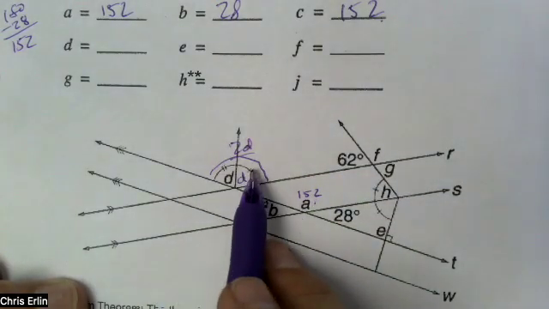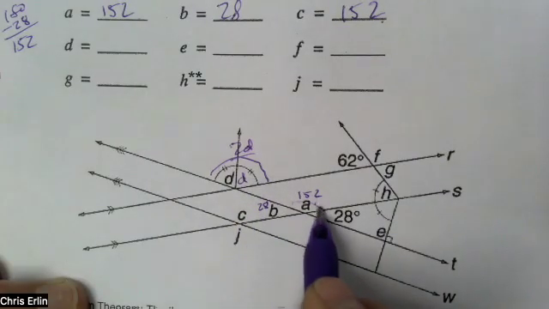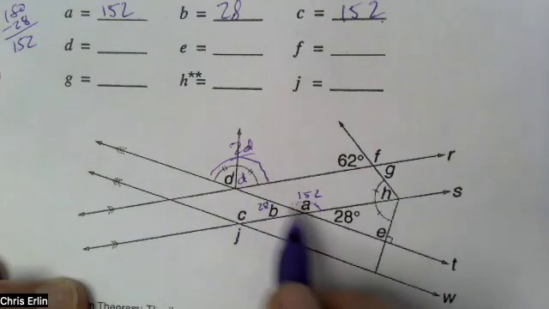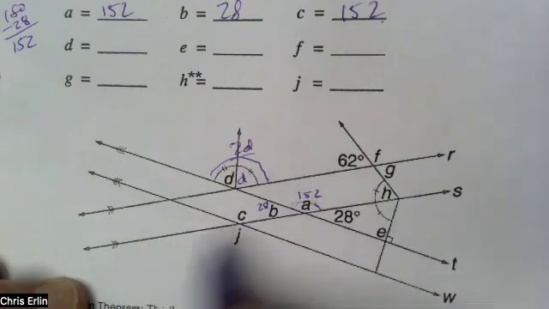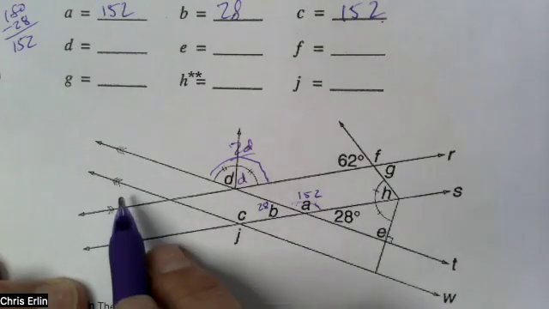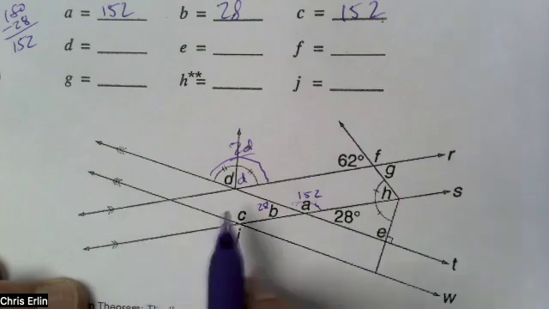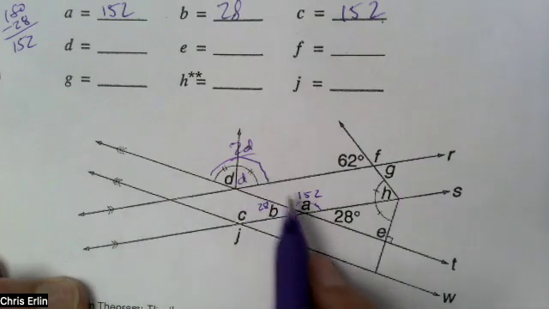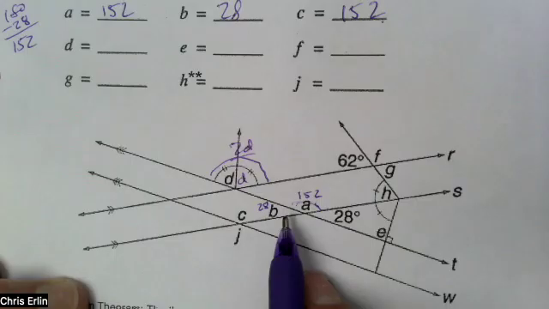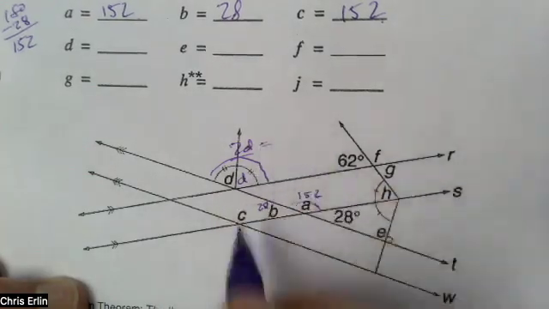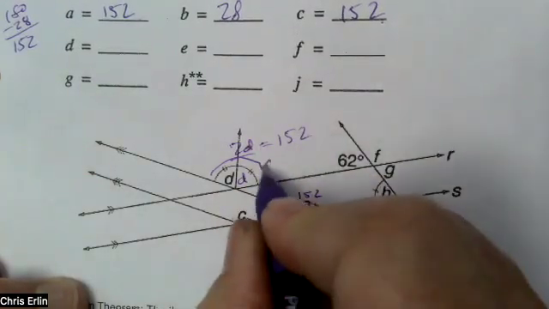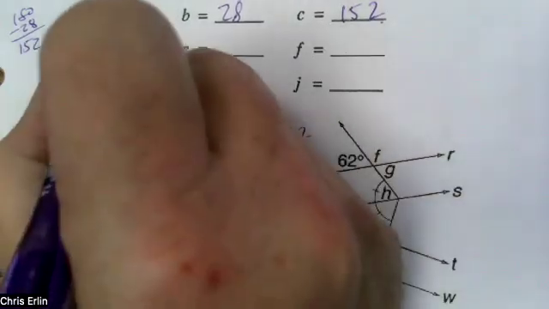Now, this angle 2D and this angle A are in what relationship? Corresponding. And I need to know that these lines are parallel, are they? They are. So if parallel, transversal, corresponding, what's true about these two? They're congruent. So 2D equals 152. So D is equal to 76.